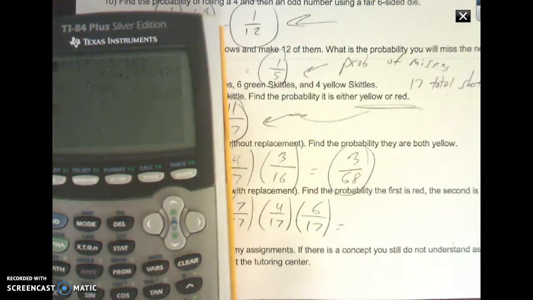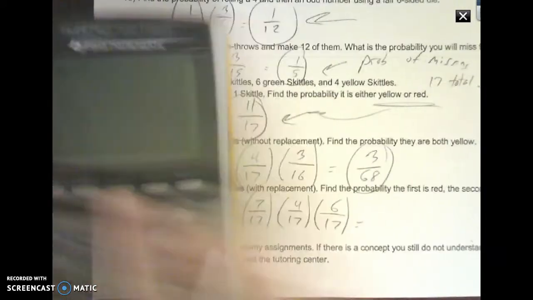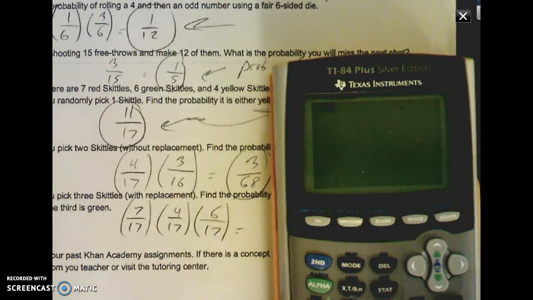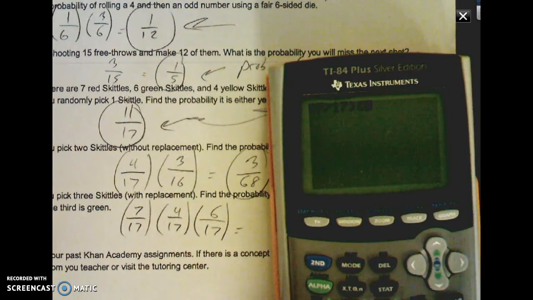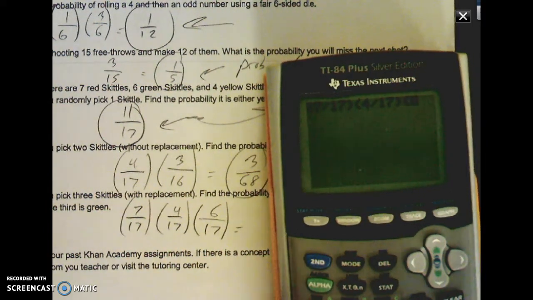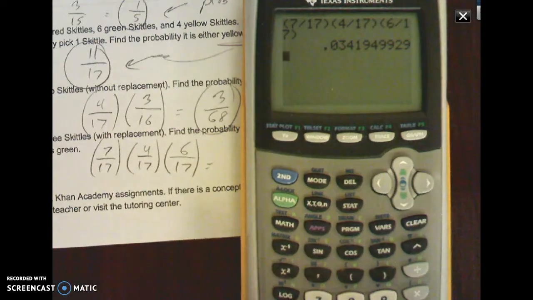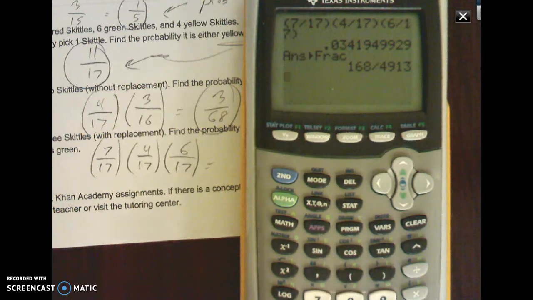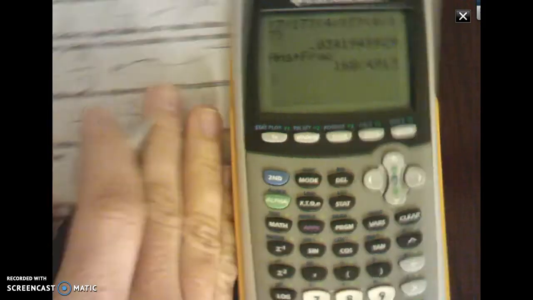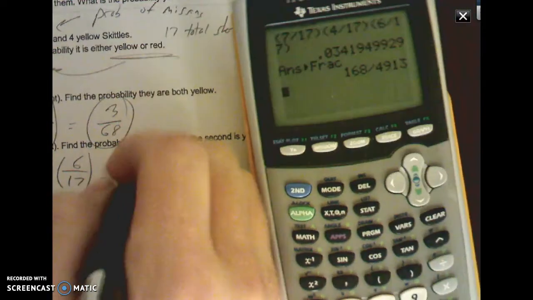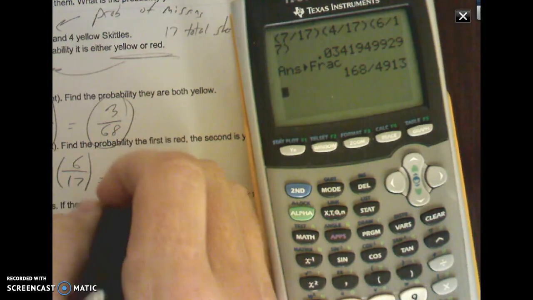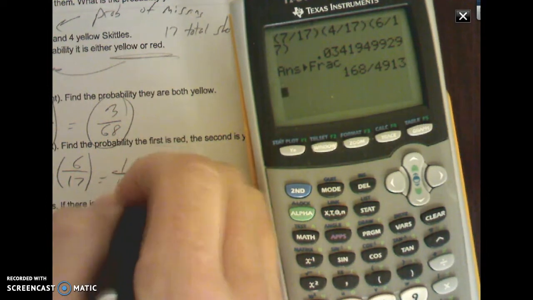How does this look? Oh, sorry, it's probably better over here, isn't it? Yeah. Oof. It's really not that good. And I have math, enter, enter. I know this is a very big fraction, but 168 out of 4,913. Okay?